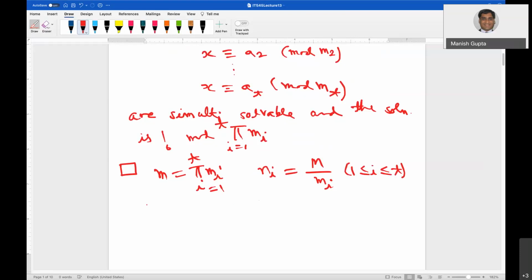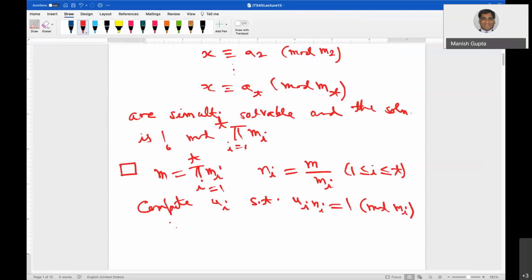So compute ui such that, so small ni is small m divided by small mi, right? Actually this is not capital M but small m, I'm sorry. Compute ui such that ui ni is congruent to 1 mod mi.